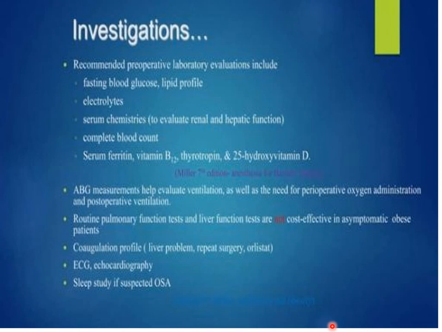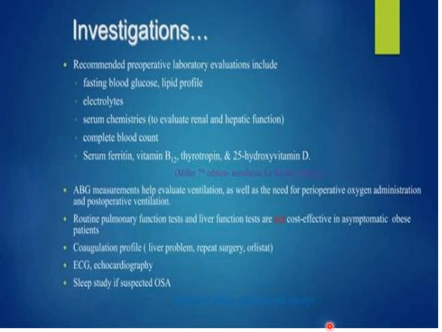Complete blood count is very important in these patients, and serum ferritin, vitamin B12, thyrotropin, 25-hydroxy vitamin D. The arterial blood gas is very important to check because it helps in evaluating ventilation, as well as the need for perioperative oxygen administration and post-operative ventilation. So routine pulmonary function tests are very important.